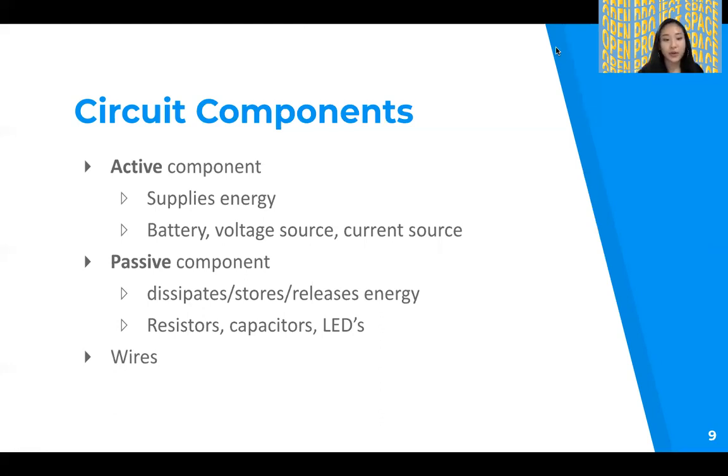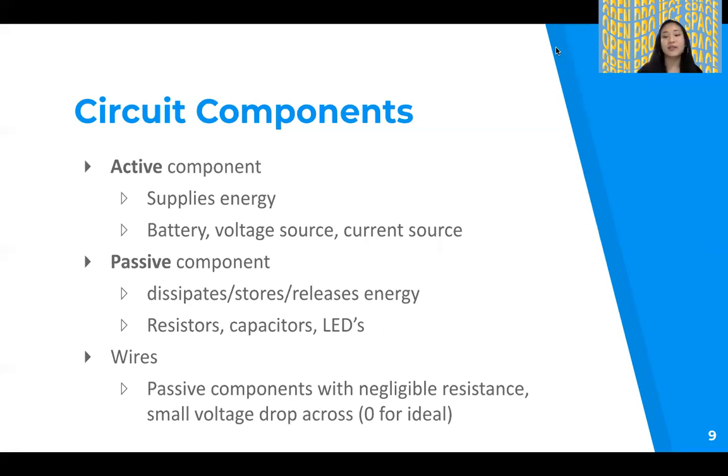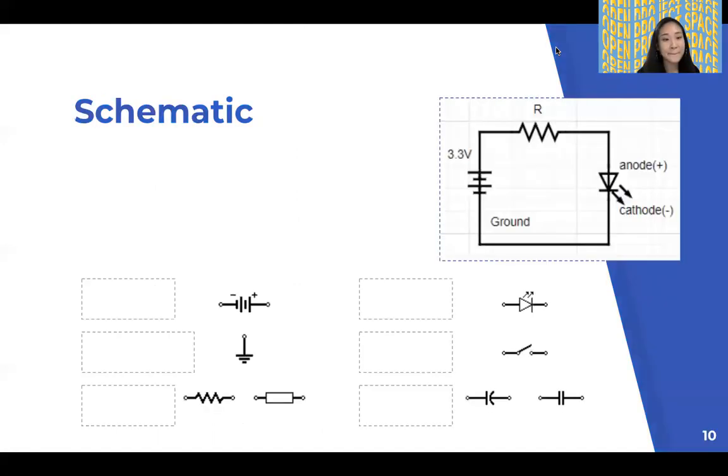In particular, wires are passive components with negligible resistance, so they cause a really small voltage drop across themselves. For ideal wires, we treat them as having zero resistance, which will be accurate enough for us. So wires have zero resistance across them.